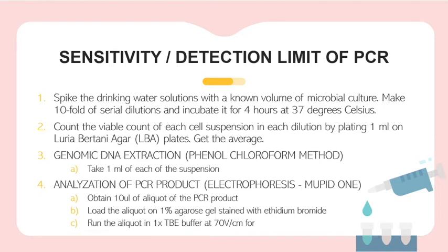For analysis of the amplified PCR product using electrophoresis, an aliquot of 10 microliters was loaded on a 1% agarose gel stained with ethidium bromide and run in 1x TBE, or Tris-borate EDTA buffer, at 70 volts for 45 minutes. Results of PCR detection are discussed on the succeeding slide.